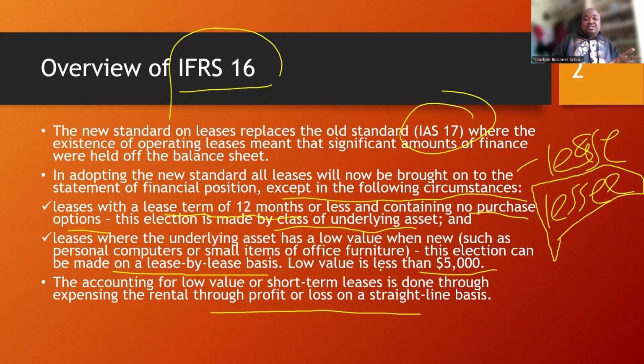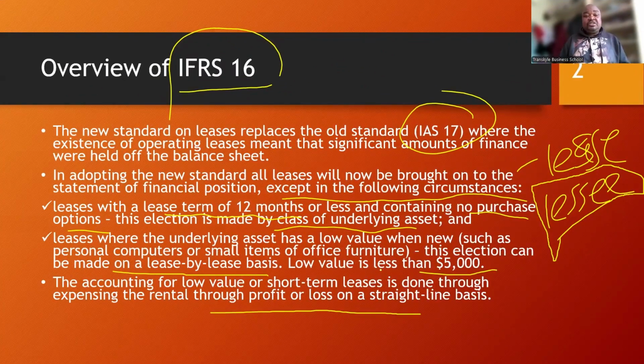So each lease would be having its own peculiarities. Okay. Is that clear? So on a lease by lease basis, I think I have explained everything here about the overview.